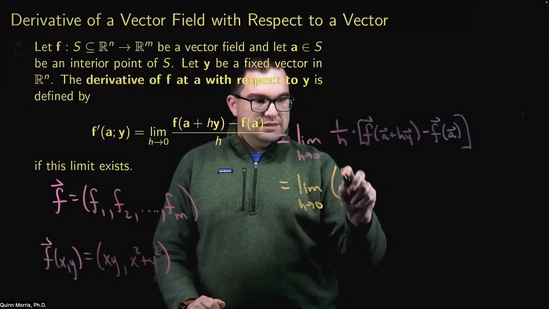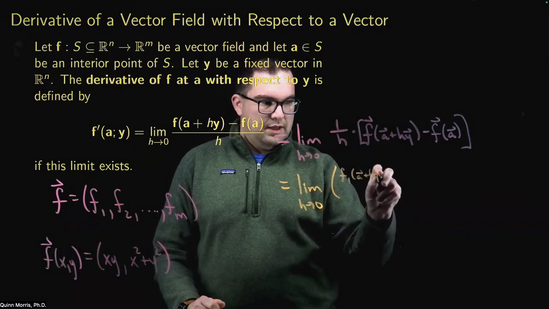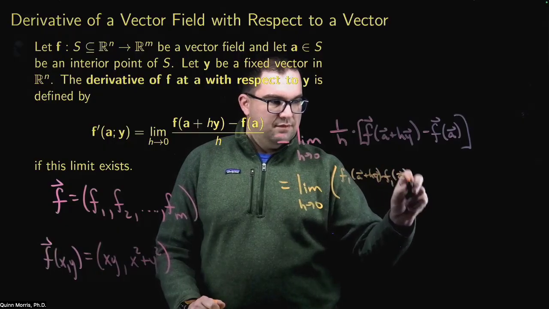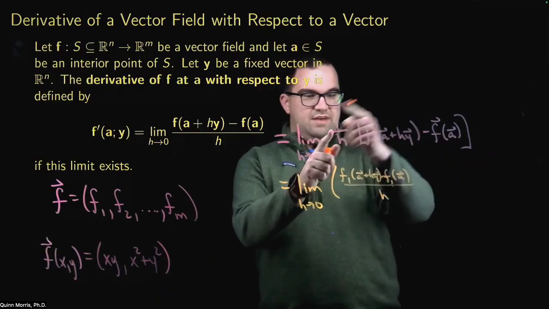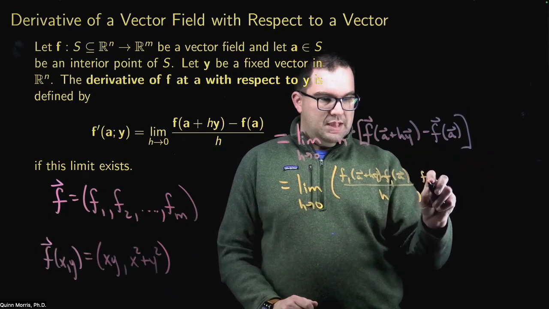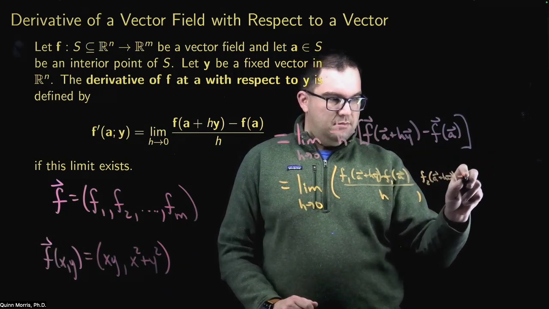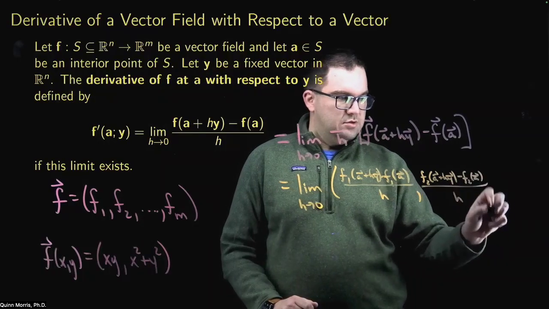What I'll get is f1 of a plus hy minus f1 of a over h. That'll be the first component of this vector. The second component of this vector would be f2 of a plus hy minus f2 of a over h.